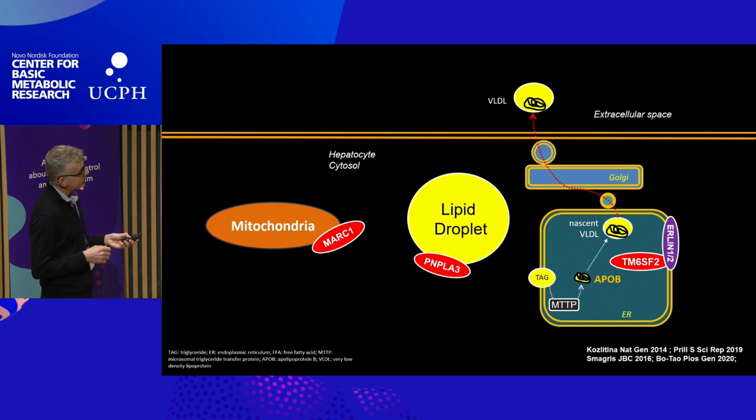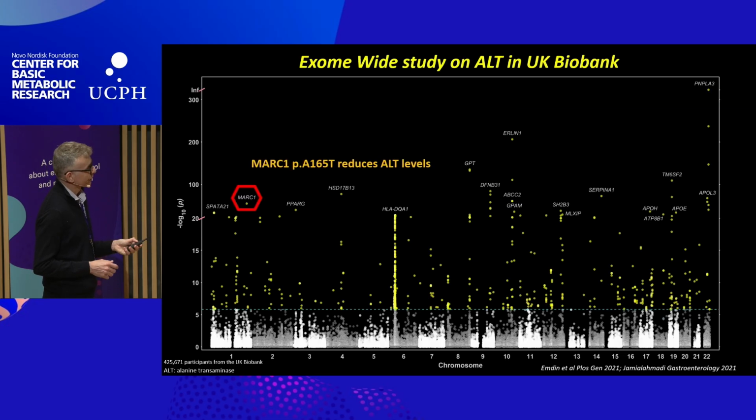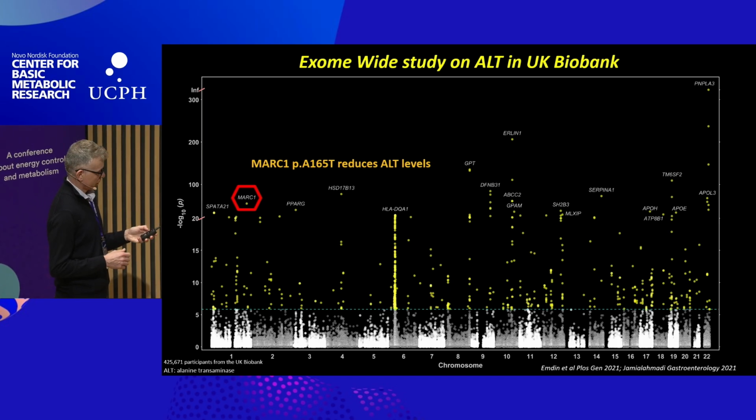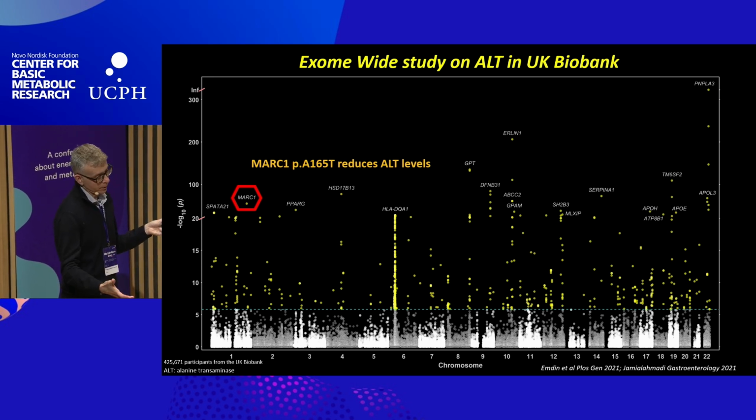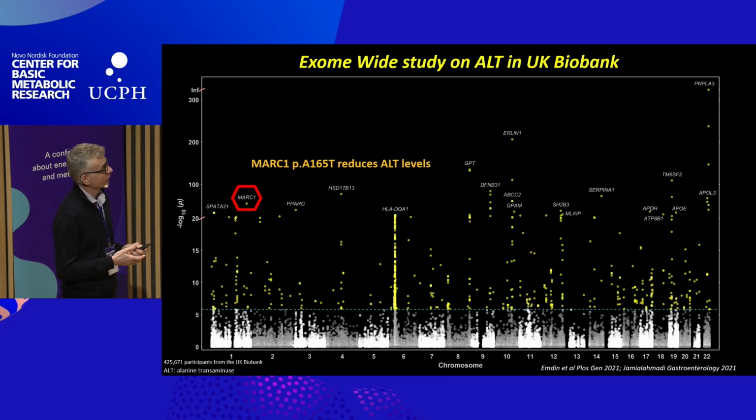In a genome-wide association study, by an American group, and we also did it almost simultaneously, we could show that there is a signal with the MARC1 variant on transaminases, ALT, and carriers of the variant have lower ALT, indicating that this was a protective variant. The variant was inducing an amino acid change from an alanine to threonine at position 165.